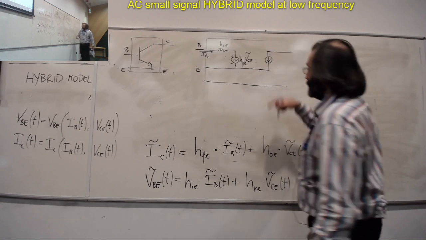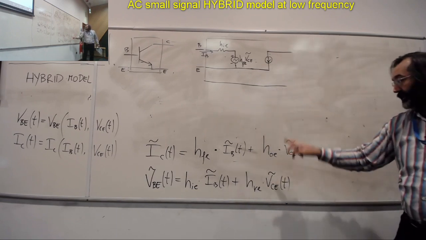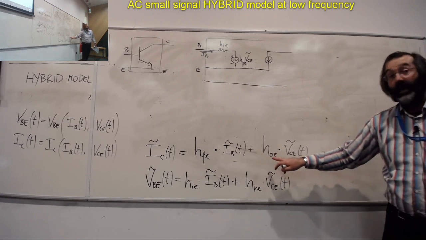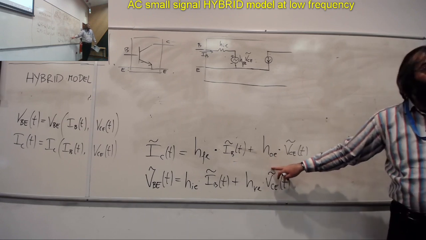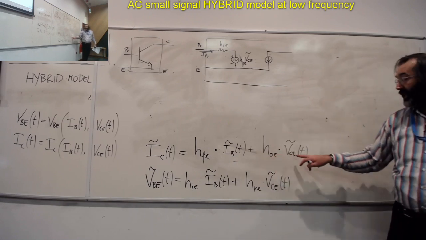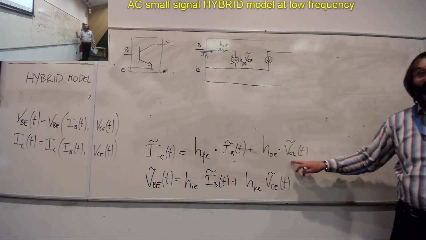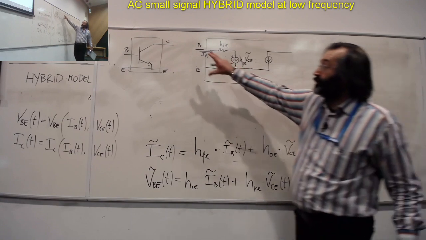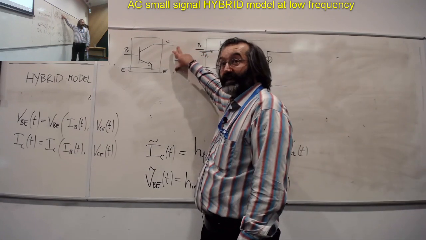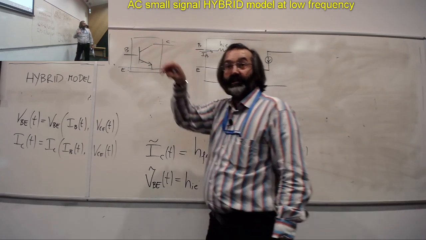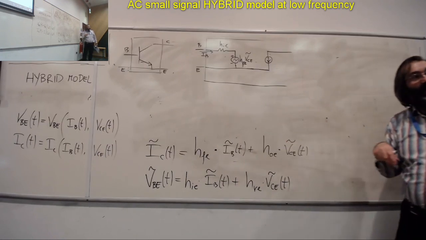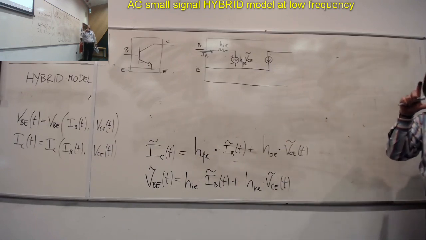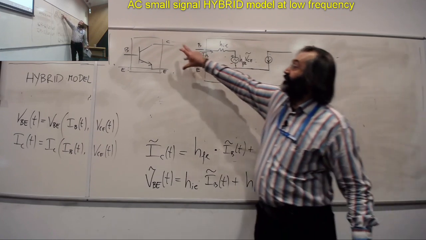We will discuss in a moment why it's like that. And then there is another term. This is the inverse of a resistor, or a conductance, times a voltage. The voltage in output is fully seen by this resistor. How should I put the resistor in such a way that the resistor sees VCE in full?